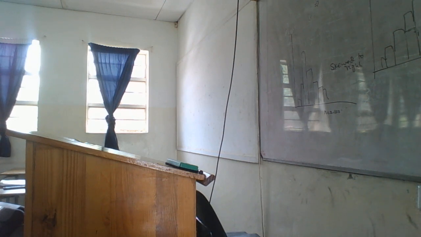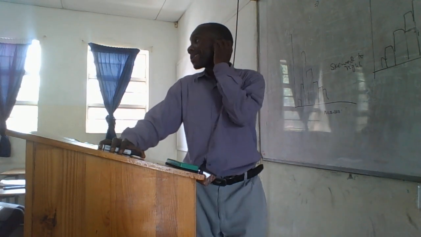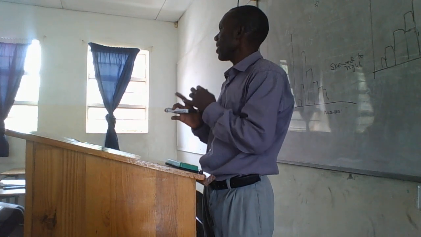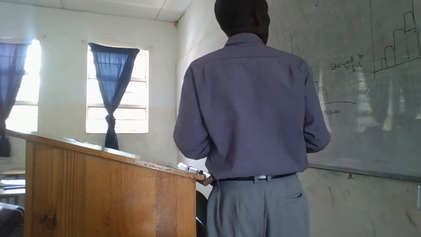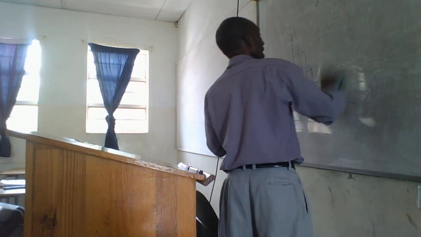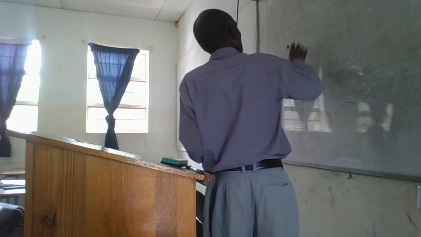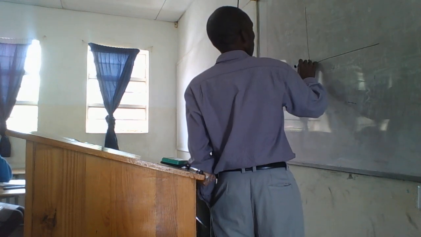This will lead us to what we call skewedness. The way it is skewed is how the graphs have been appearing. If you look at this one, let's look at this one.